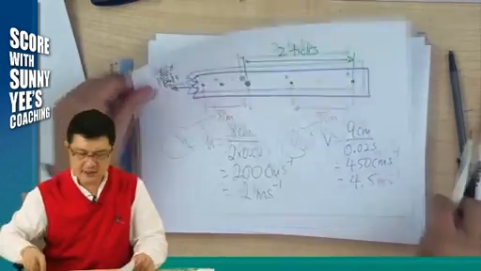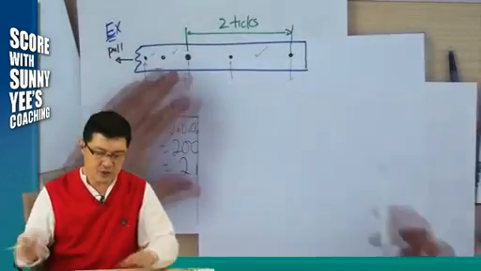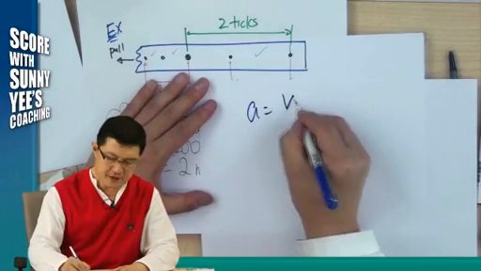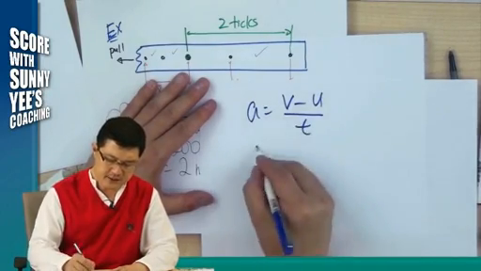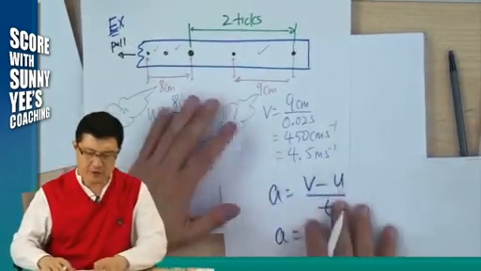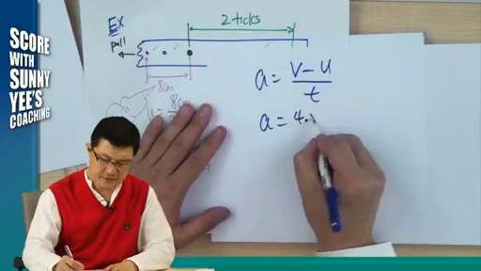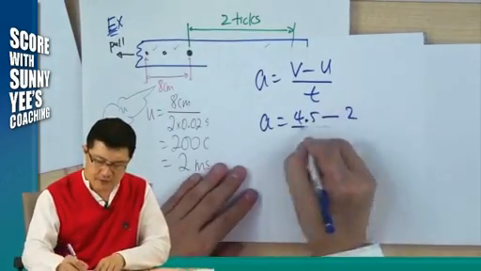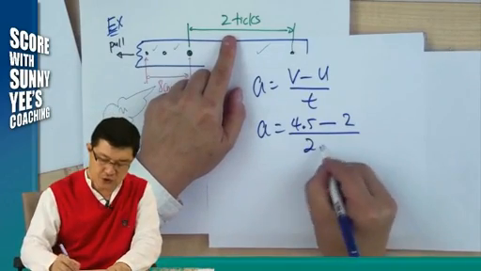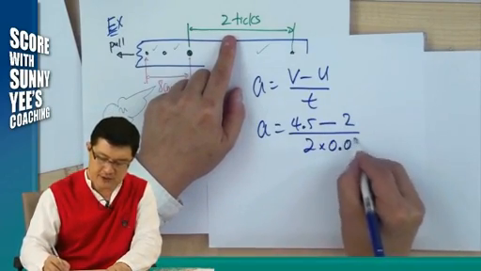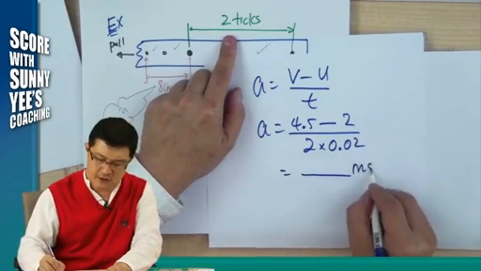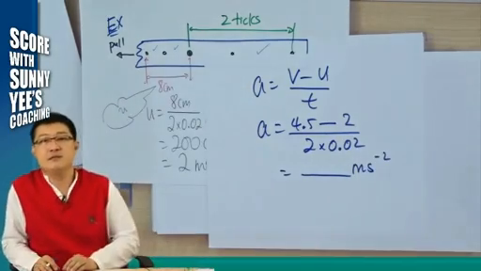So with this, your acceleration will be V minus U over T. Your V is 4.5. Your U is 2. But your T is 2 times 0.02. So it is all in SI unit, meter per second square.